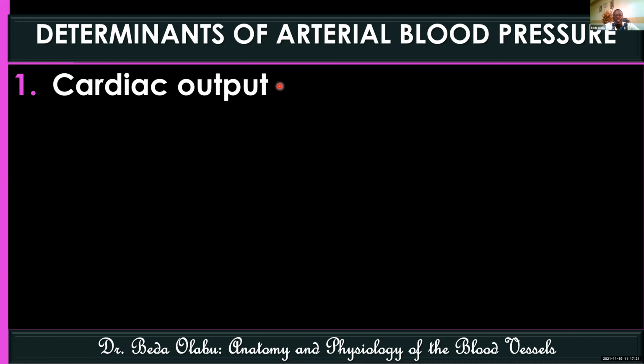If the stroke volume is high, blood pressure will be high. The volume of blood itself also affects blood pressure. If your blood volume is high, your blood pressure will be high, because blood volume affects the end diastolic volume, and that will affect the stroke volume. If your blood volume is low, your blood pressure will be low. That's why if you bleed a lot, you'll be hypotensive.